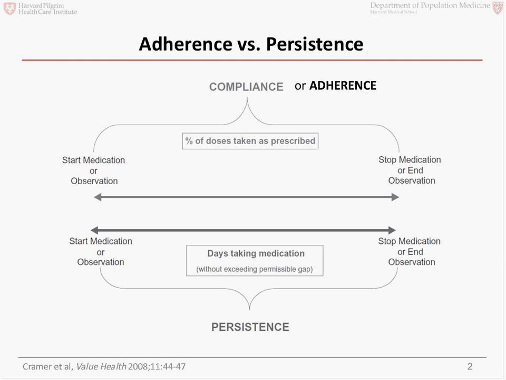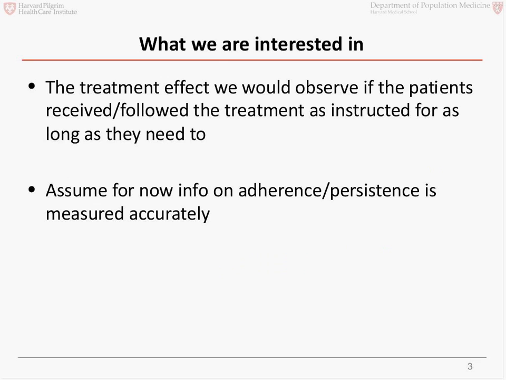And what we are interested in today is actually a combination of these two measures. So we want to know what the treatment effect would be if patients receive the treatments as instructed for as long as they need to.